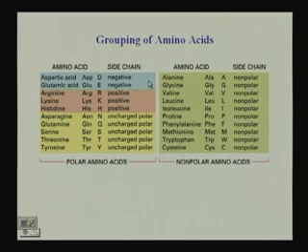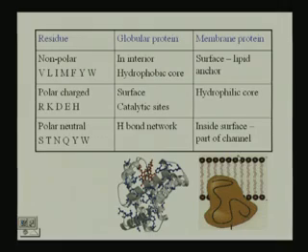They could be negatively charged, positively charged, uncharged and yet polar, or hydrophobic and non-polar in nature. And we know that on folding of a protein, which we will just overview in a minute, the non-polar amino acids would likely be at the center of the protein, in the hydrophobic core of the protein.